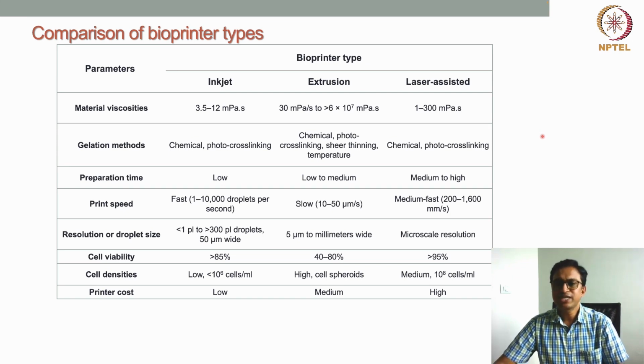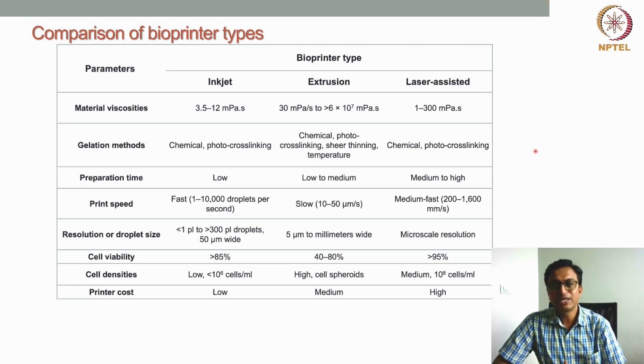In case of laser assisted, from low to moderate viscous material we can use. Very high viscous materials cannot be used in laser assisted bioprinting, because if you recall the mechanism, we have seen that it has a ribbon-like structure.